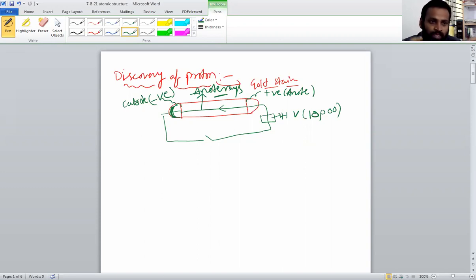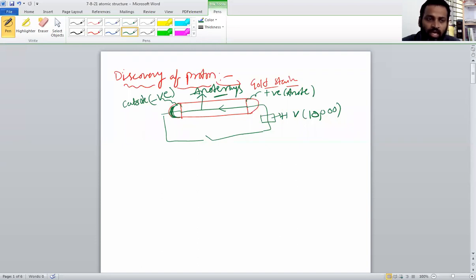Suppose cathode rays are moving from cathode to anode, but anode rays are moving from anode to cathode. Understood, everyone? One more important thing: cathode rays are invisible, and anode rays are also invisible. Cathode rays deflect towards the external anode, but anode rays deflect towards the external cathode.